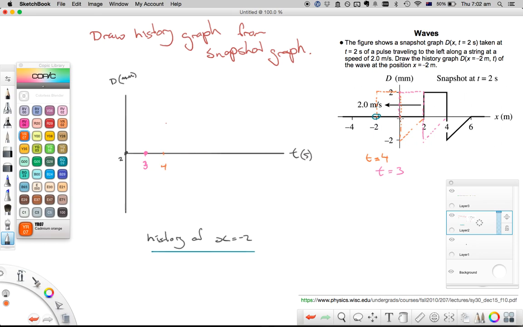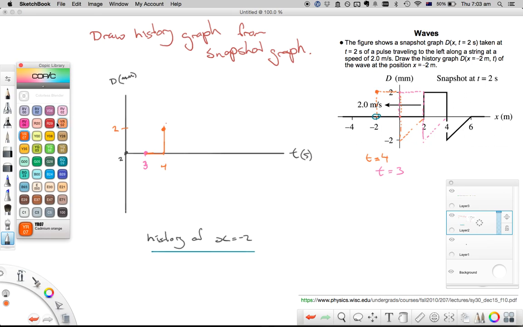Our point is now here, which is at 2 millimeters. In between, we know it wasn't anywhere until suddenly it jumped up to that point. So we can draw along there, and then draw up here.